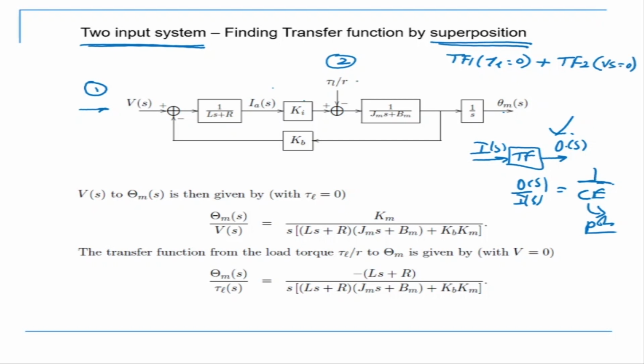In one transfer function we assume this to be equal to 0. If I put that equal to 0, this part is not there anymore. So I just multiply all these blocks together, and then it's G(s) by H(s). Please refer to the previous lecture. So it will become G(s) over 1 plus G(s)H(s).